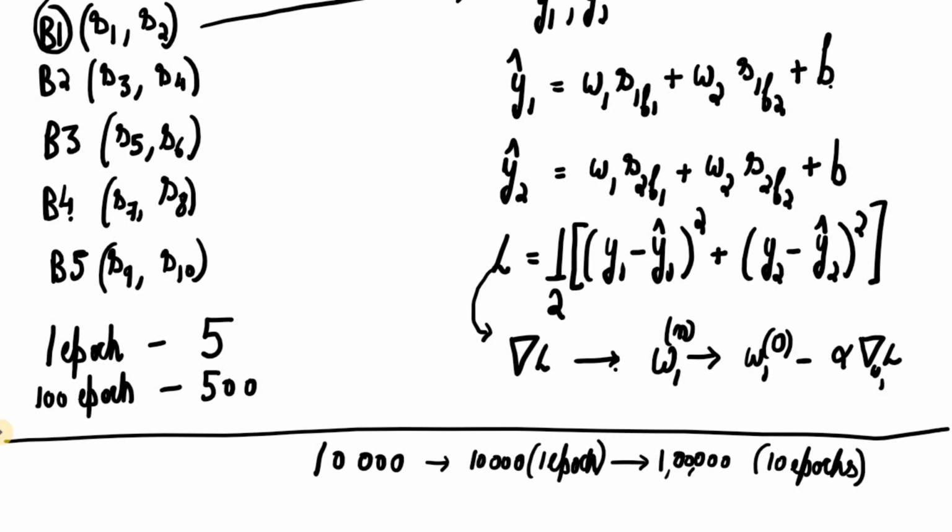Now the same 10,000 data points, if we bifurcate it into batches of size, let's say 100, then we are going to end up with around 100 batches, and then in one epoch we are going to do 100 updates of the model, and in 10 epochs we are just going to do 1000 updates of the model, right?